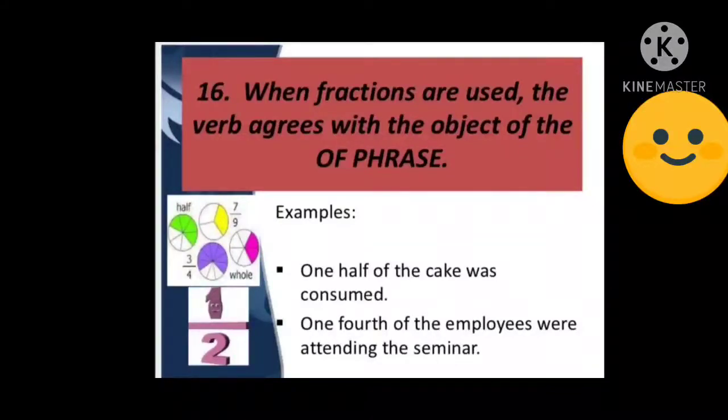So, we usually go with was, a singular verb. 1/4 of the employees, do not consider employees and mistake that as plural. You have to take the total: 1/4 of the employees were attending the seminar. So, here depending upon the context also, the verb should agree with the subject in number and person.